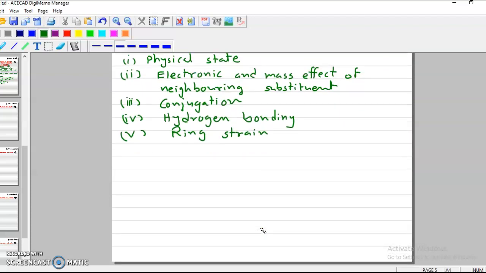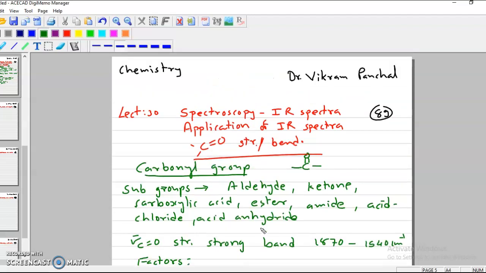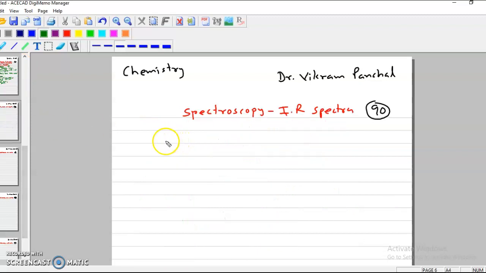We'll take some examples like this. C=O for saturated aldehyde, the range is 1740 to 1720 cm⁻¹.